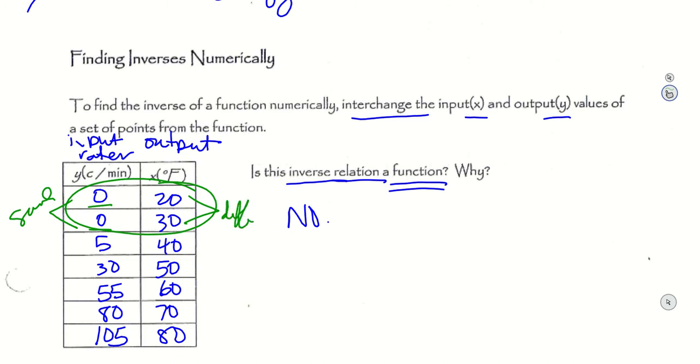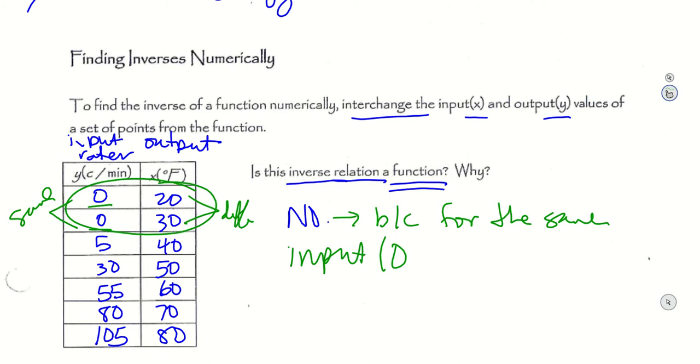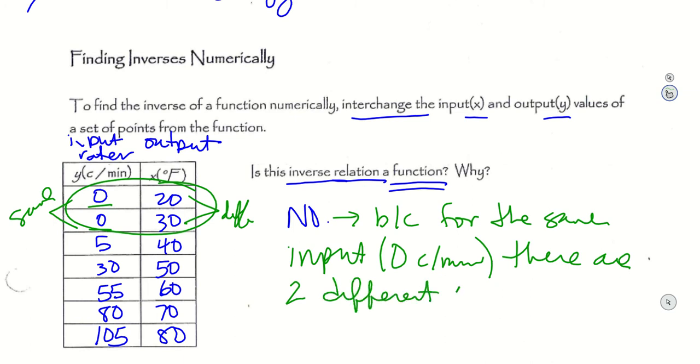So based on the definition of a function, we could say no, because for the same input, in this case 0 chirps per minute, there are two different outputs. So there was not one and only one output here, and that would be 20 degrees Fahrenheit and 30 degrees Fahrenheit.